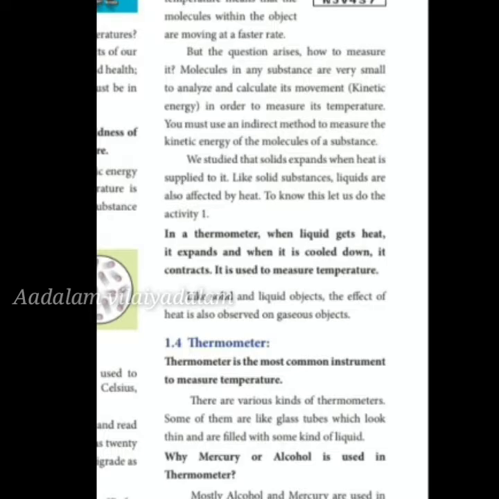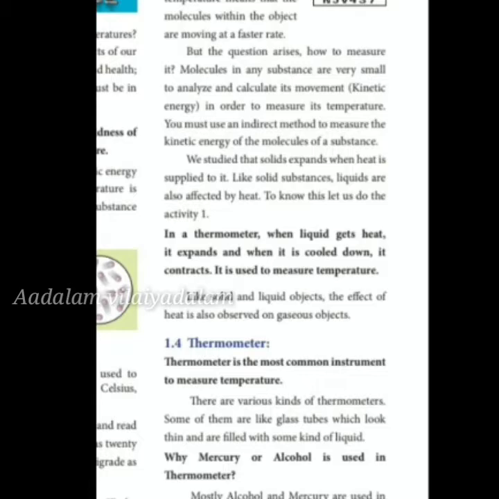In a thermometer, there is a liquid in it. The liquid expands when the temperature is high. When you have a high fever, the liquid in the thermometer increases automatically. If you have normal temperature, it will not expand. In a thermometer, when the liquid gets heat, it expands, and when it is cooled down, it contracts.